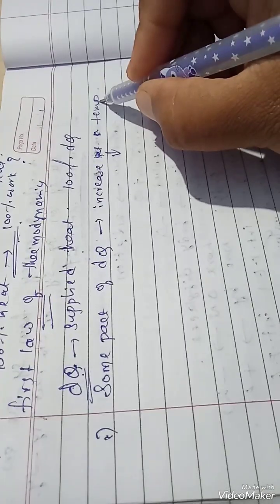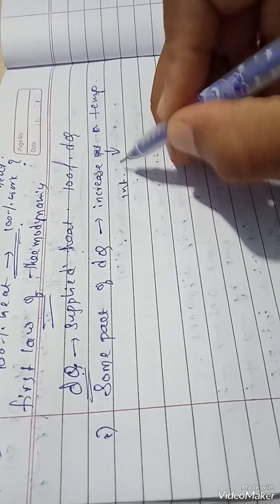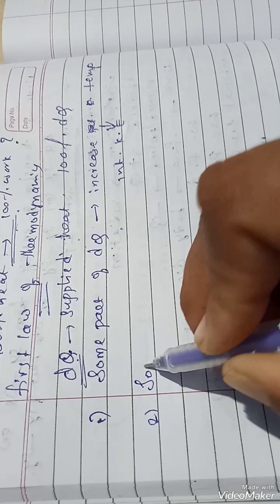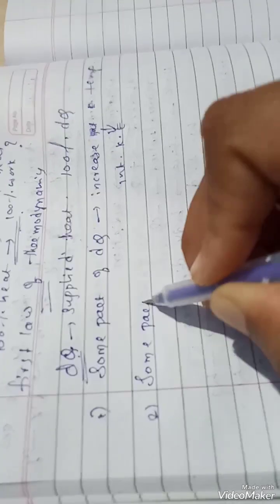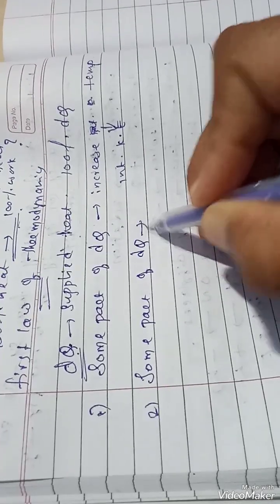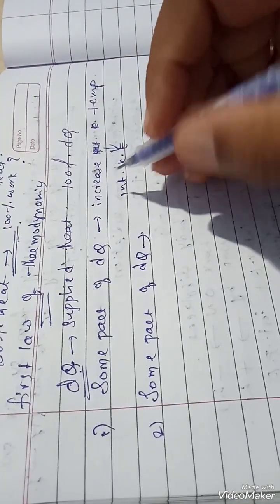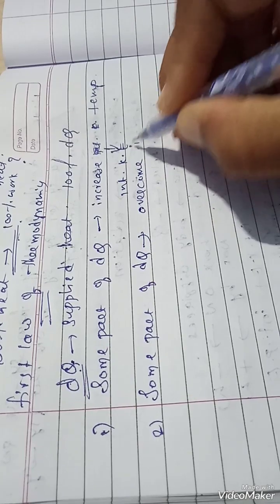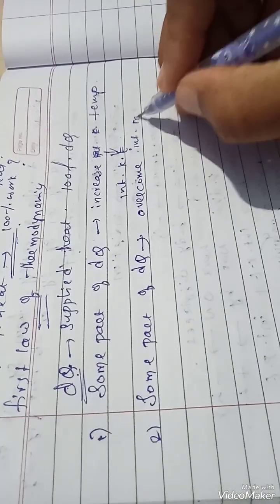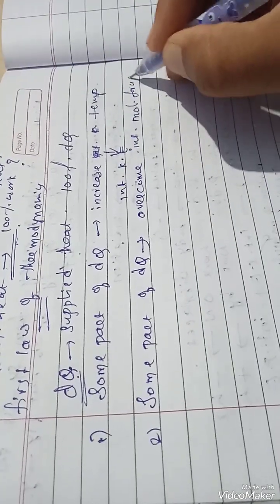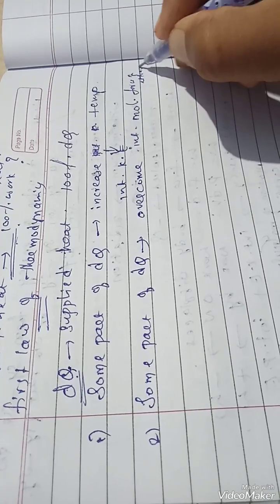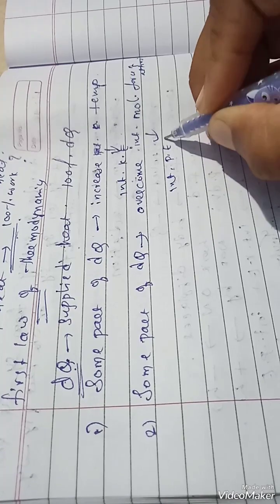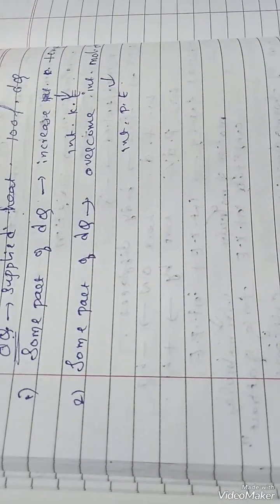This increase in temperature of the system is equal to internal kinetic energy. Okay, and some part of the heat supplied, that is dq supplied to the system, is used to overcome intermolecular force of attraction, and this is equivalent to the internal potential energy.